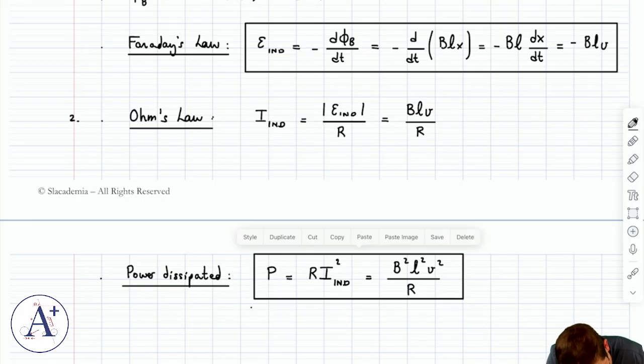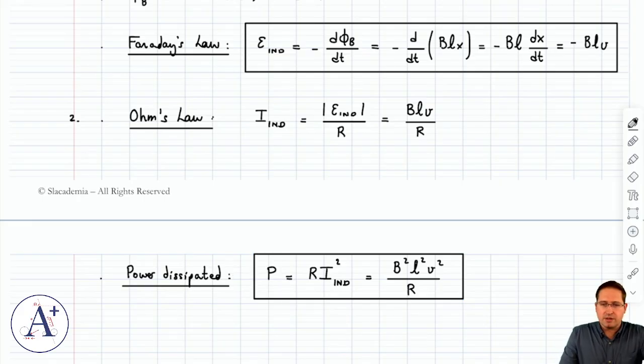And this is going to be the power dissipated by the light bulb. And then the last two questions are, what is the magnetic force exerted on the rod? And what is the force that must be applied to the rod to maintain its constant velocity v to the right? Which are great questions.